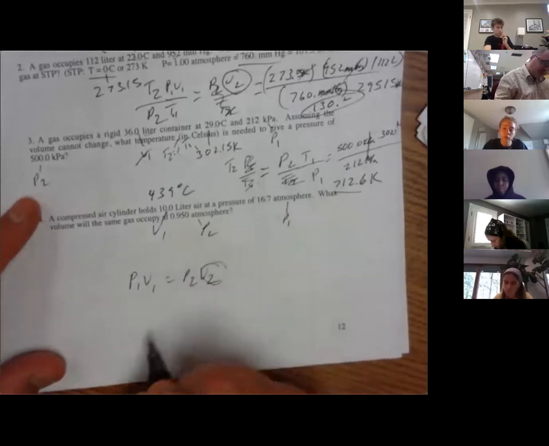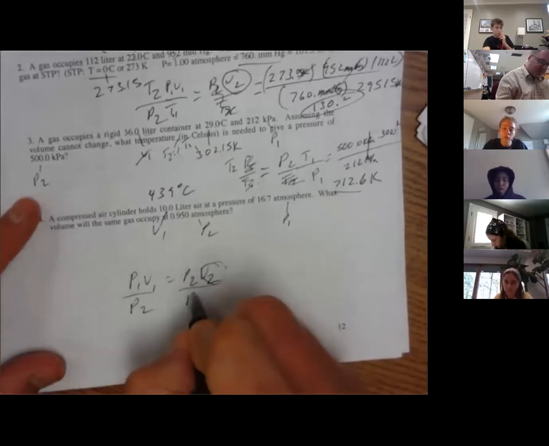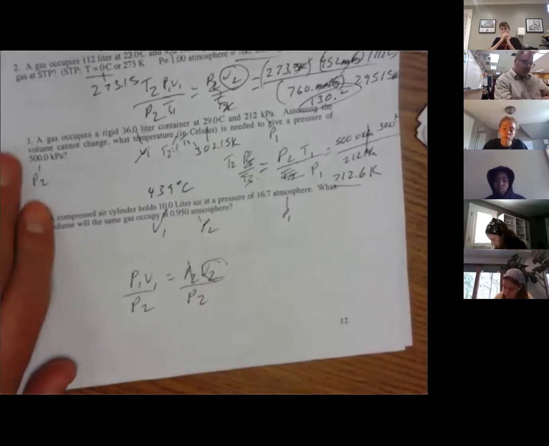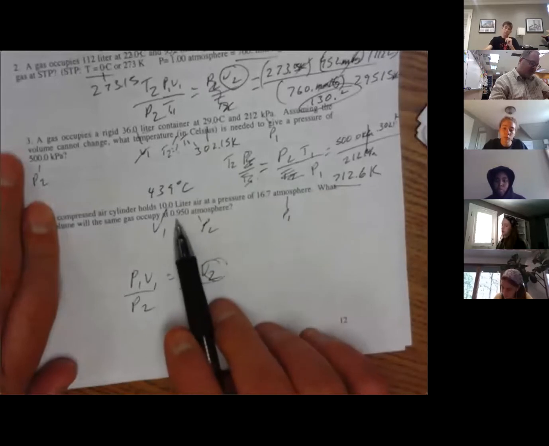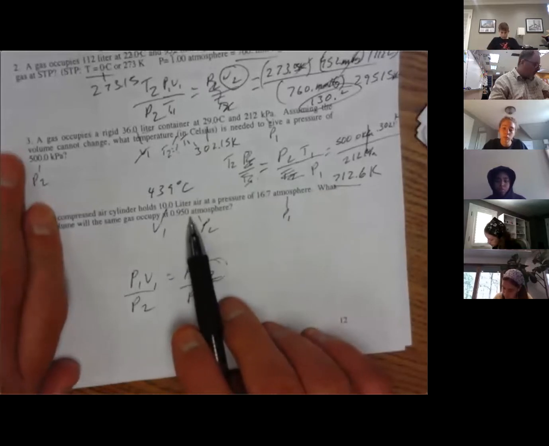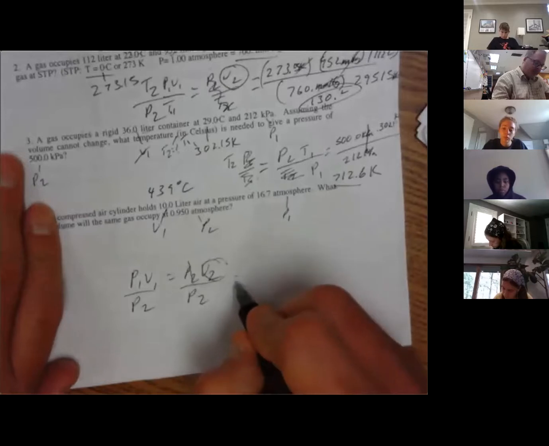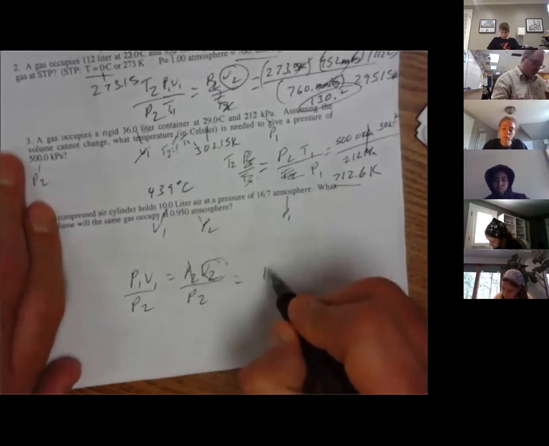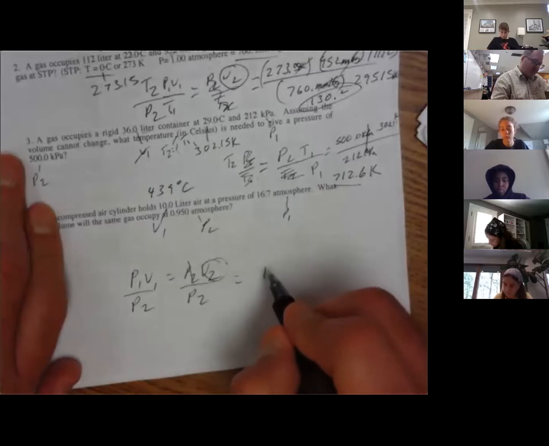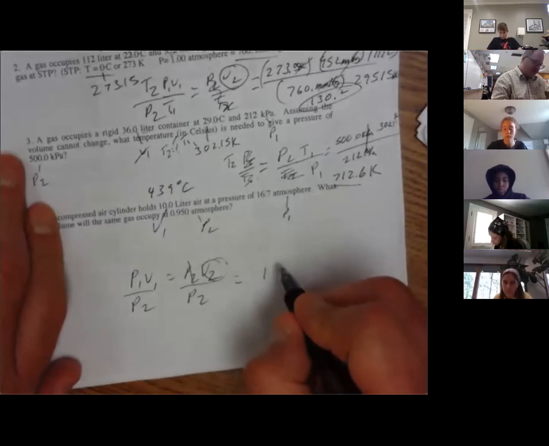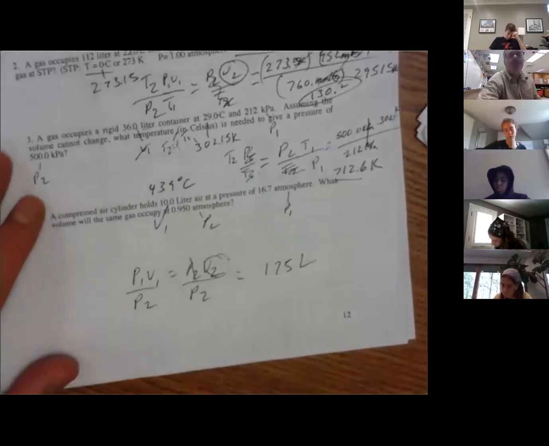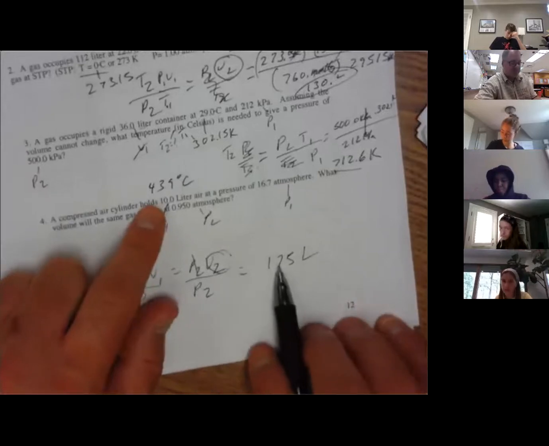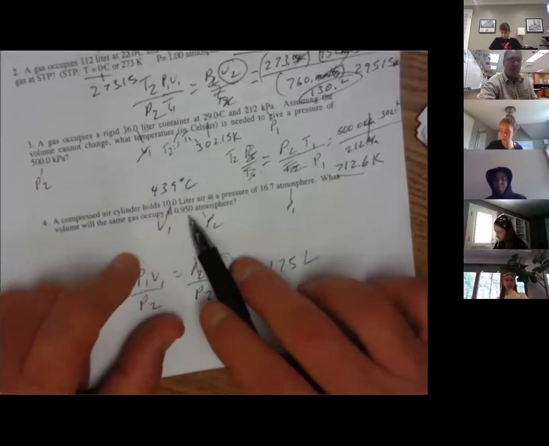We want V2, so we divide both sides by P2. 16.7 times 10 divided by 0.950. It's about 175.7894, so 175 liters. That makes sense. The volume went up, so the pressure went way down.